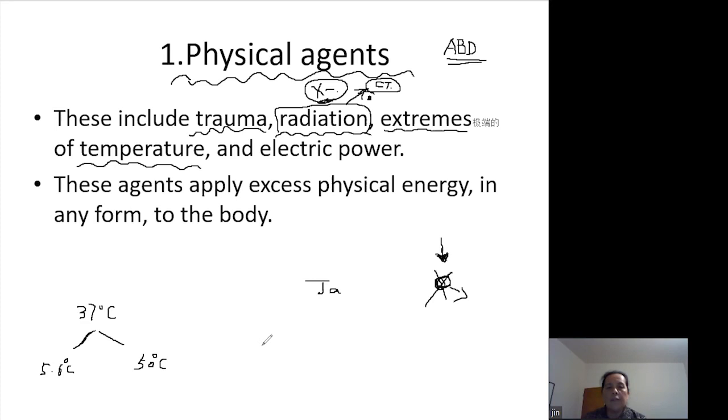But if some people go outside at minus 20, 30, or even 40 degrees, if you don't truly protect your body, it will be injured by the very low temperature. Like people walking outside in the winter, in the snow, losing the way home, just walking around, and finally they get home.